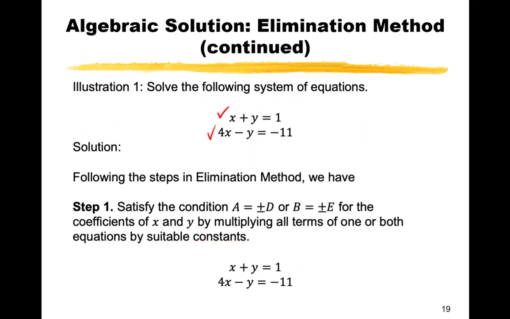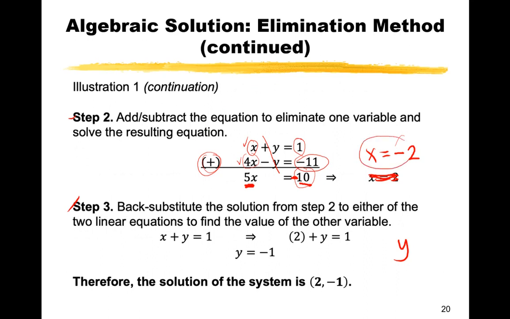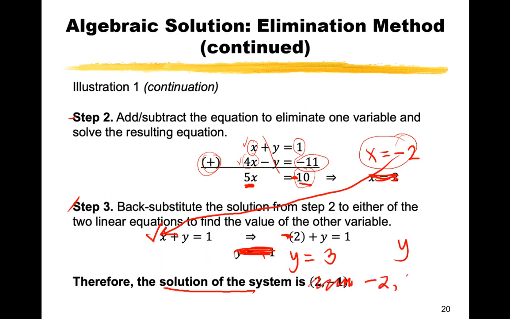Dahil alam nating x is negative 2, ginamit natin yung unang equation natin, yung pinakamadali, which is x plus y equals 1. I-plug in natin dito yung value ng x, which is negative 2. We'll have a value of y na positive 3. So, ang solution ng ating system is negative 2, positive 3.